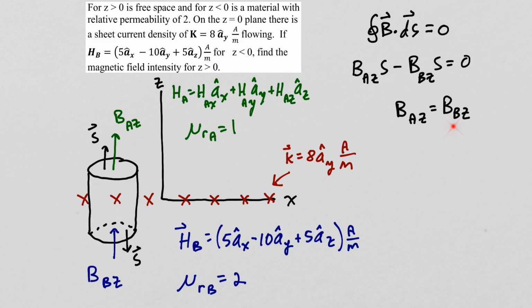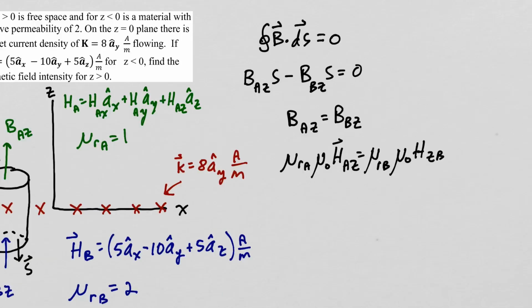So let's rewrite the magnetic flux density fields in terms of the magnetic field intensities using our permeabilities in materials A and B. So I've made the substitutions of mu times H for the magnetic flux density fields. Let's divide both sides by mu sub 0.